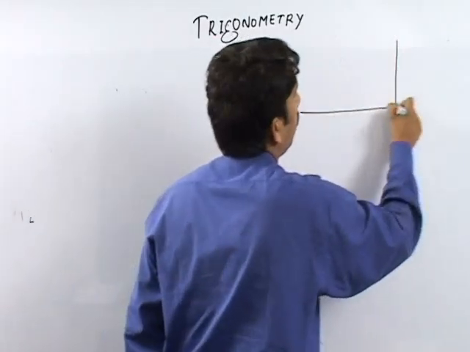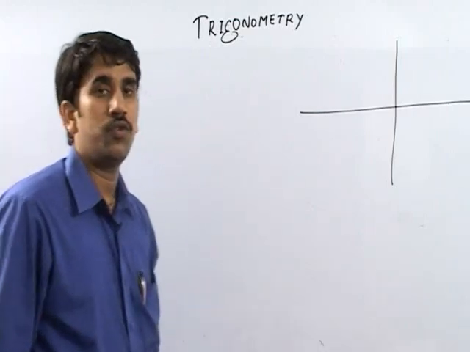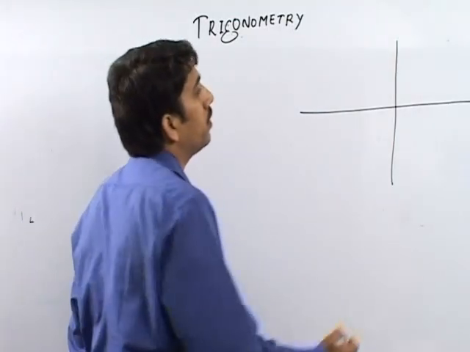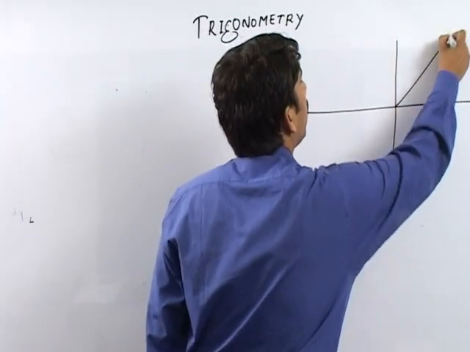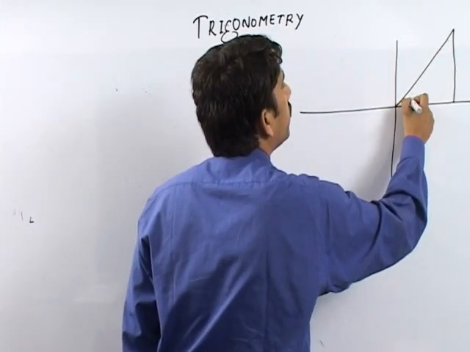Suppose you have a two-dimensional coordinate system and this angle is theta.